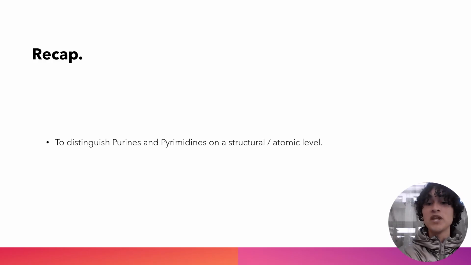It's also important to remember that in purines, both the imidazole ring and the pyrimidine ring are heterocyclic, composed of nitrogen and carbon. We know the main difference between the two purines and the three pyrimidines on a molecular level is their functional grouping system.